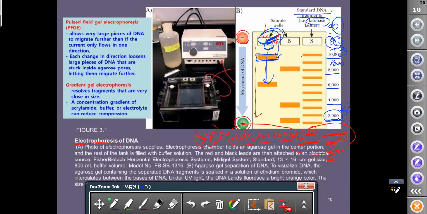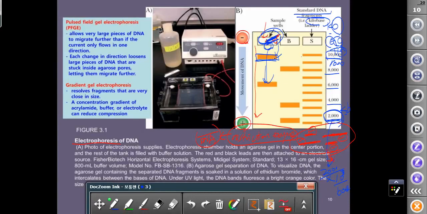So 2000 kilobase means 2000 multiplied by 10 to the 3 bases. Overall, how many zeros here? 6 zeros, yeah? So 2 million bases. It's quite long, all right? And this must be 10,000 billion base.